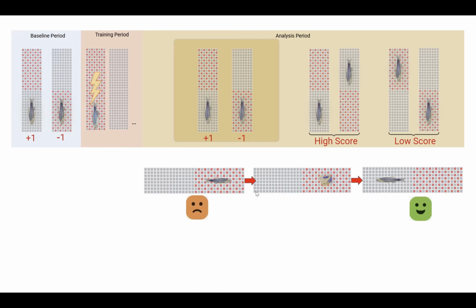Therefore, an increase in performance index after training would suggest that successful conditioned learning has occurred, and we will do a paired t-test to compare their performance indexes before and after the training for the same individual fish.